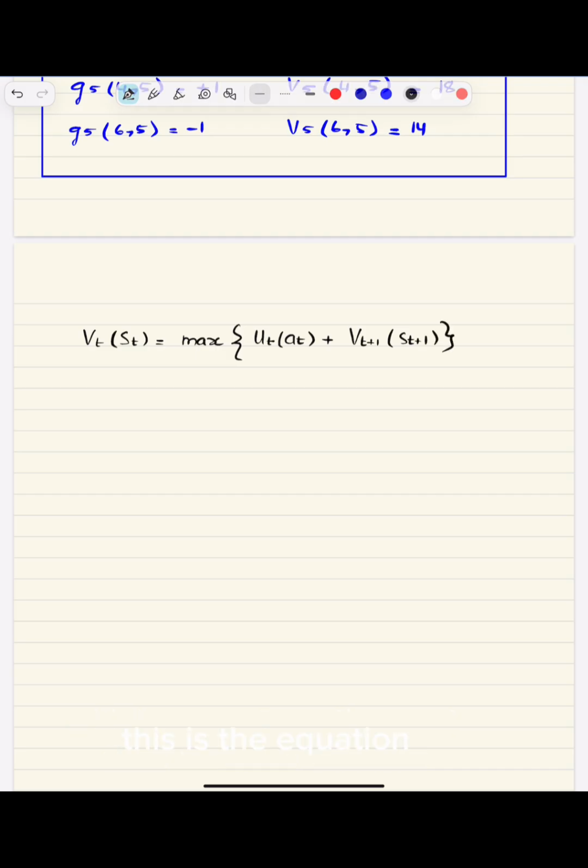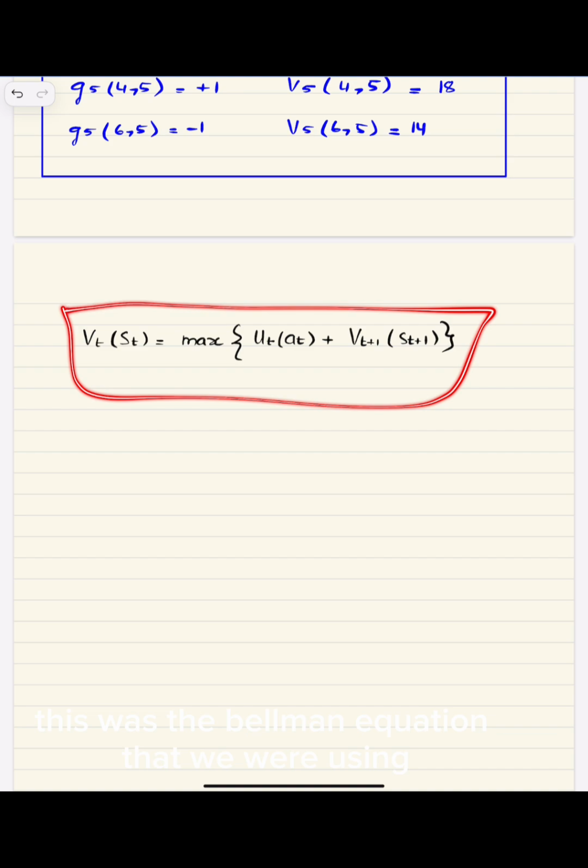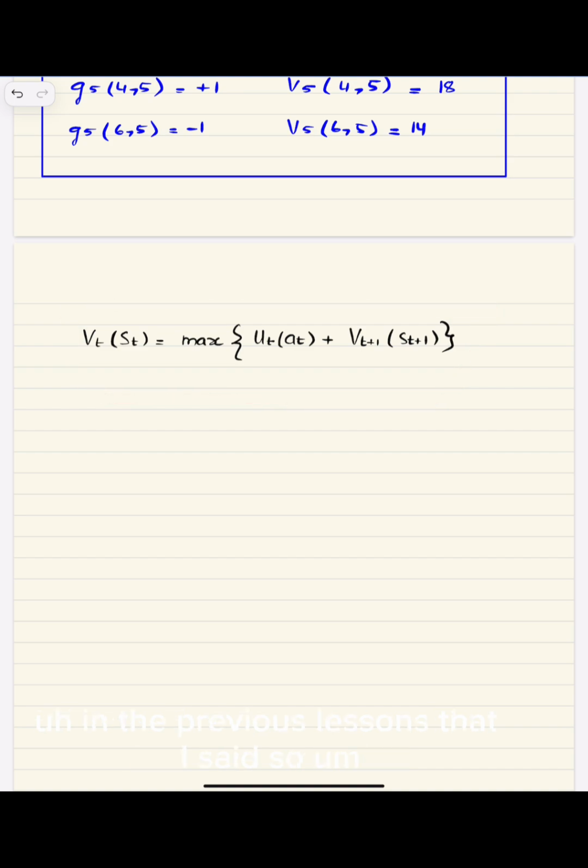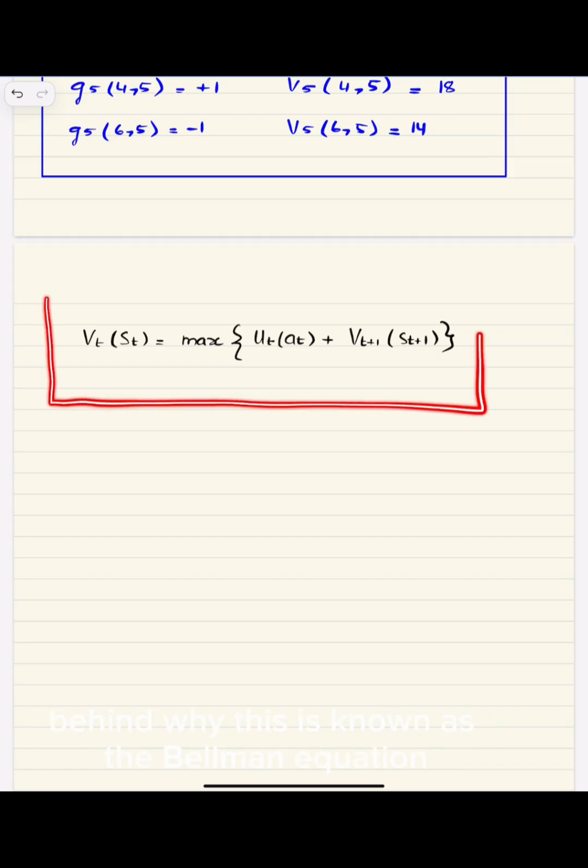This is the Bellman equation that we were using in the previous lessons. So I hope you are now able to understand the theory behind why this is known as the Bellman equation.